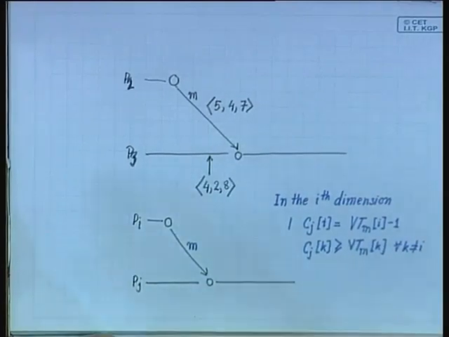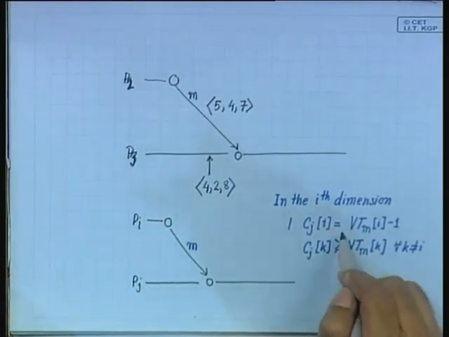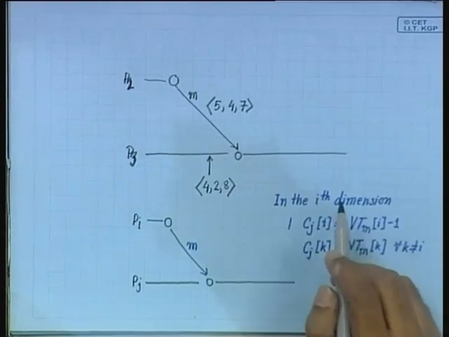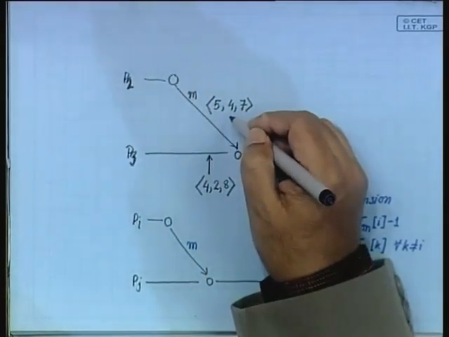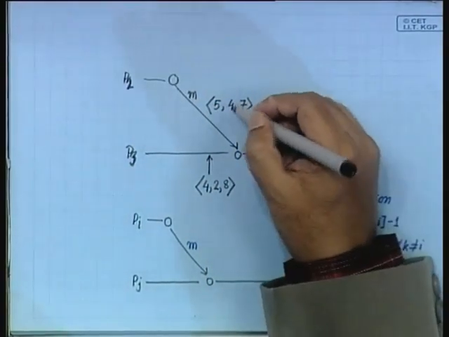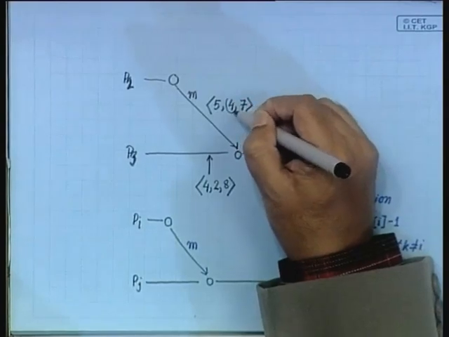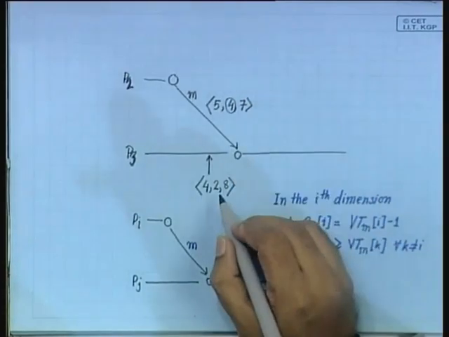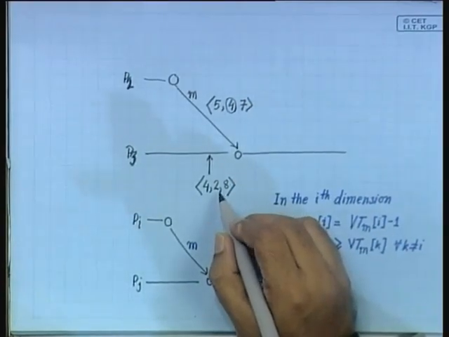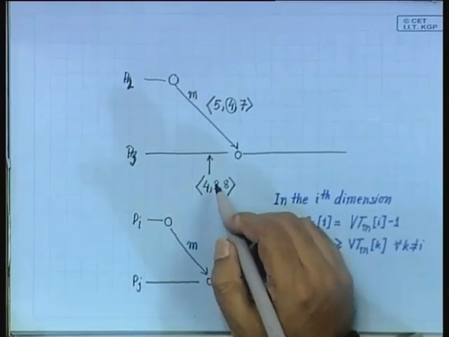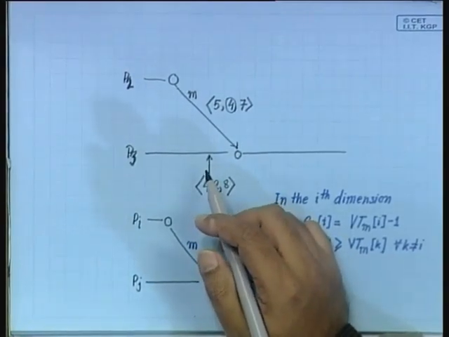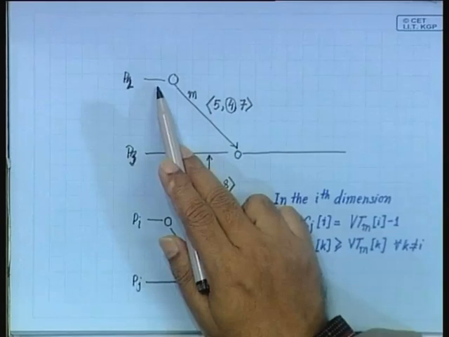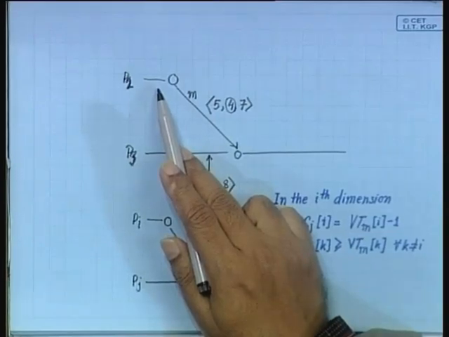Now, is it clear why the ith dimension is being treated separately? Because the message is coming from the ith dimension. So, it has just incremented this from 3 to 4 and sent it to me. So, the only message that I have not received here is the one which had timestamp 3 from P2.